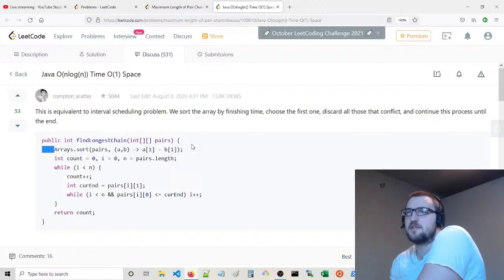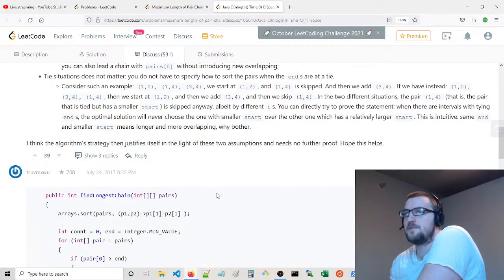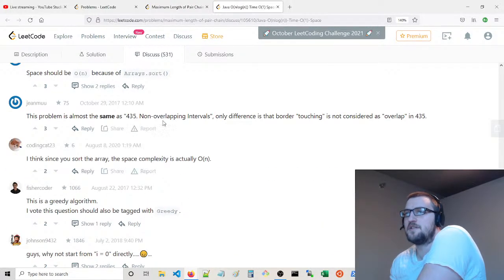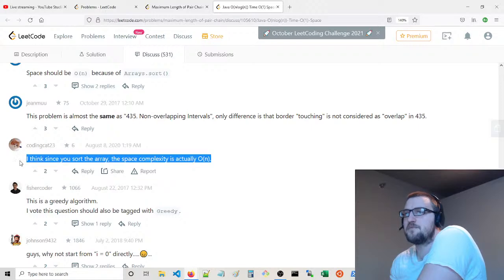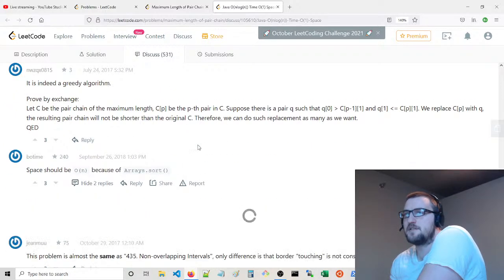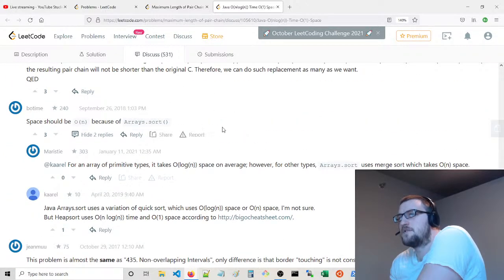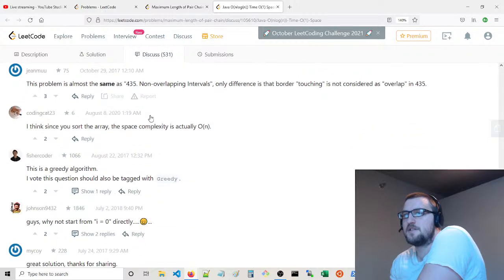I don't know how they implemented array sort in Java. See if anybody responded to this. Oh, it is merge sort. Okay, there you go. I wasn't sure.